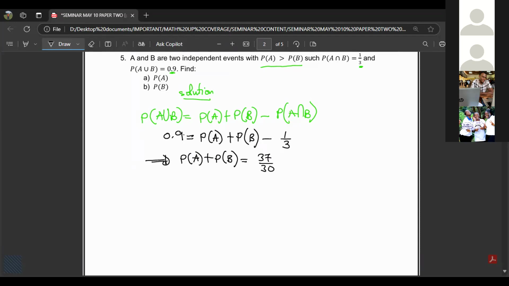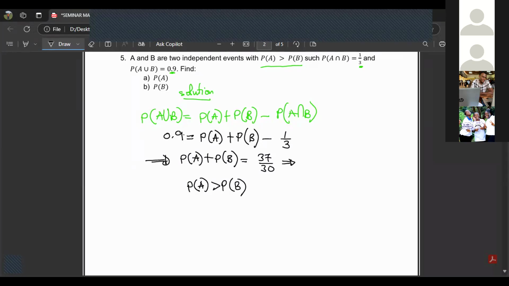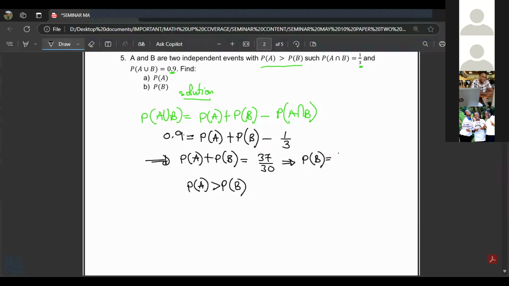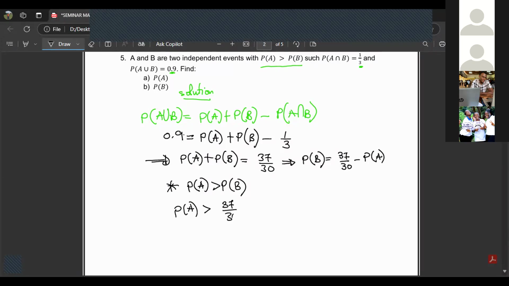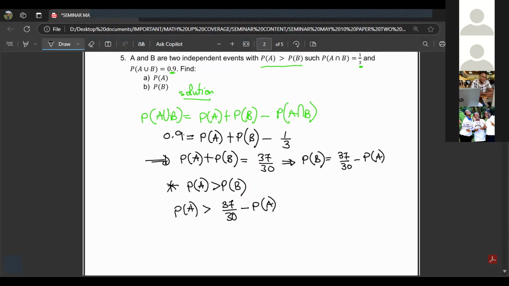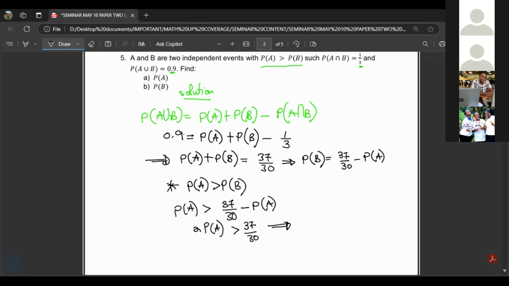But from our question, we have a condition that the probability of A has to be greater than the probability of B. So from our equation, we are going to express the probability of B in terms of the probability of A. That means the probability of B is equal to 37/30 minus the probability of A. So we can make that substitution into this inequality, and we have the probability of A is greater than 37/30 minus the probability of A. That gives us 2 times the probability of A is greater than 37/30, which leads us to the probability of A being greater than 37/60.